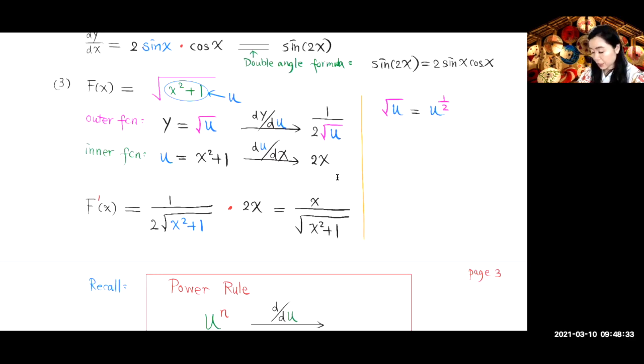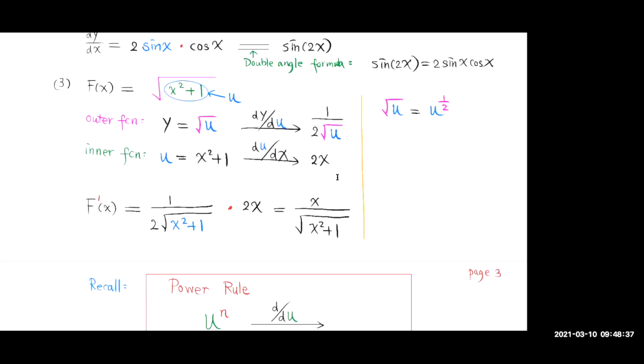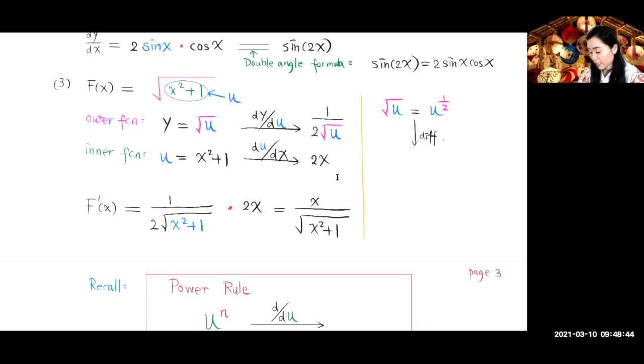When you differentiate, the derivative of that will be 1/2 u to the negative 1/2 power, because you subtract 1, you get negative 1/2, which is the same as 1 over 2 square root of u.